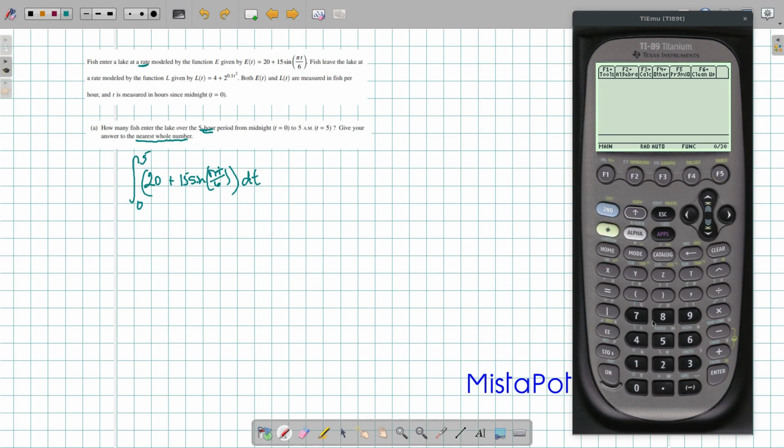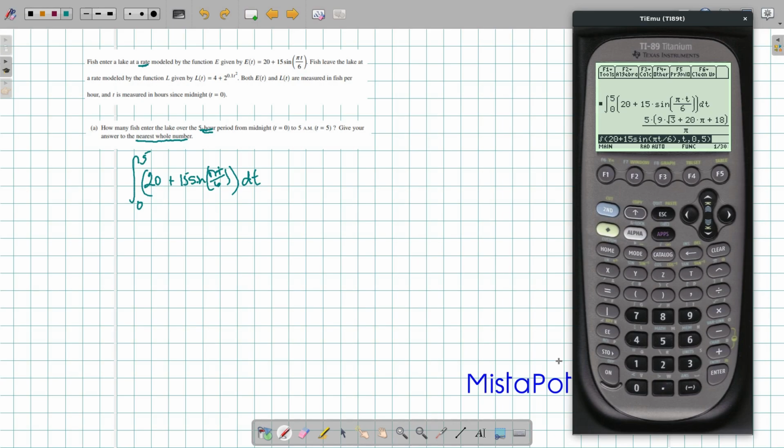I'm going to go to my calculator: integral of 20 plus 15 sine of pi t over 6, close the parentheses for sine, with respect to t, from 0 to 5.